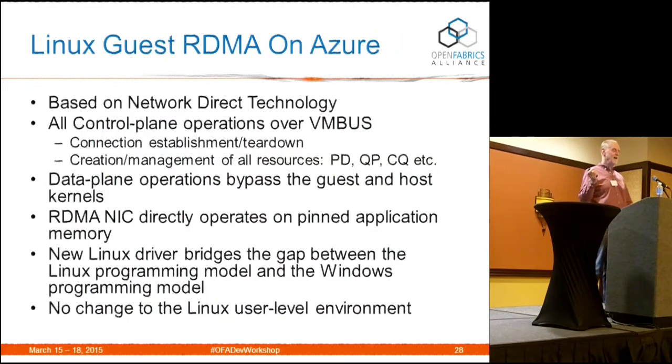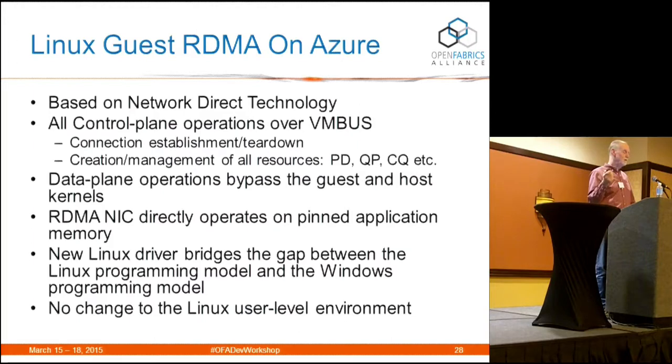Linux guest RDMA on Azure is the last piece. This is an in-development project. My colleague KY Srinivasan, who's been a prolific contributor to Linux for other virtualization functions, is in charge of this. It is based on network direct technology. It uses, if you will, the network direct plumbing and API machine.